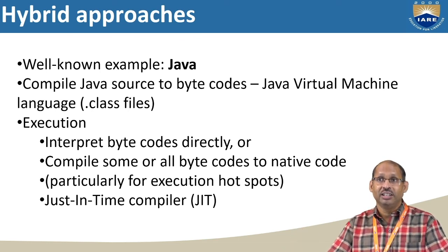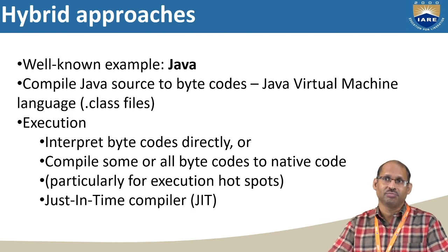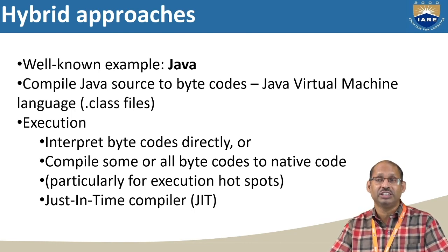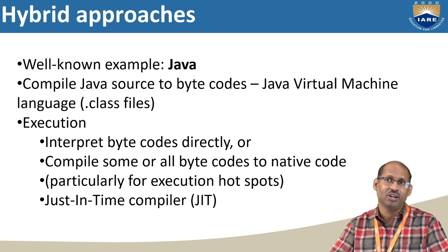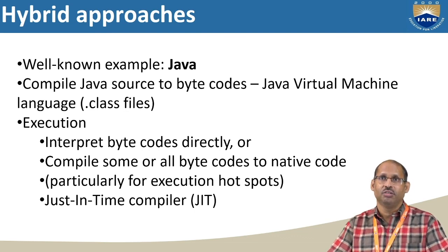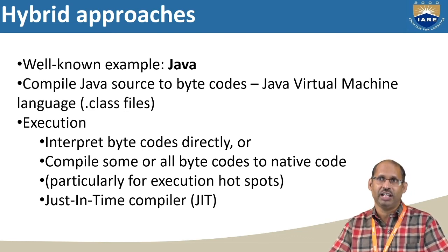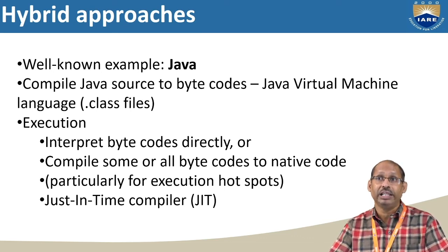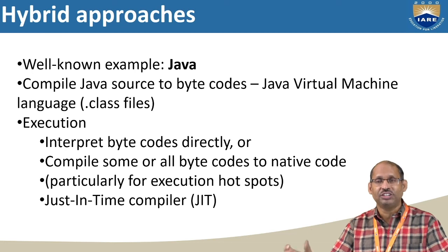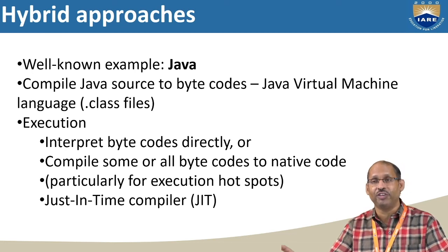So here the concept of the robustness of Java comes in. If you simply write a program once, you can execute it on different machines. So that is the main motto of the Java language. That happens with the help of interpreters. But the execution speed of the interpreter is very low.